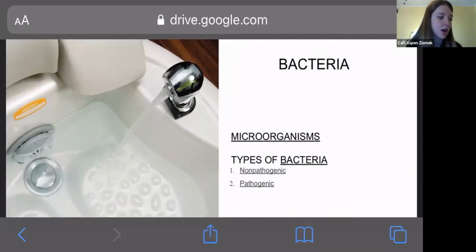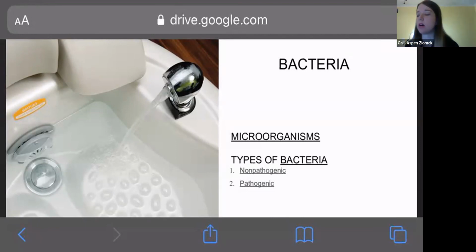So like I said, there are two different types of bacteria. There are non-pathogenic bacteria and pathogenic. Non-pathogenic are harmless, and there's actually more non-pathogenic bacteria than pathogenic bacteria. So these ones are the ones that are good for you. There is a healthy amount of bacteria on your skin at any given moment.